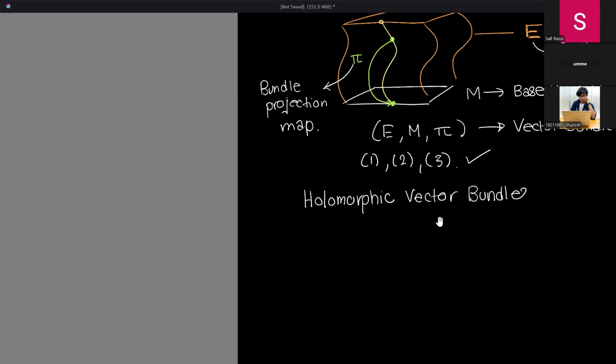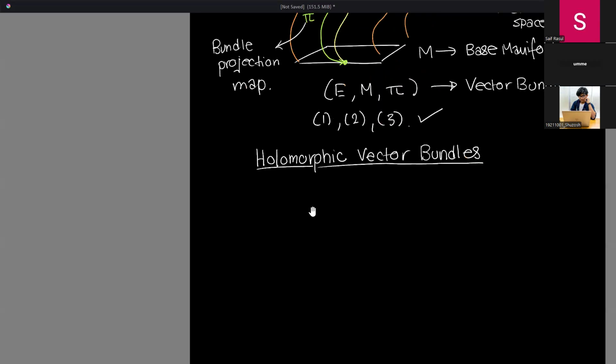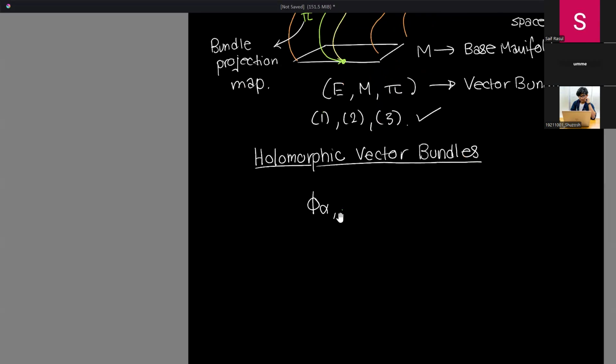Notice that everything that we did so far, the vector bundles were all smooth. So now, we're essentially requiring that phi alpha p of z, the map or function phi alpha p, is a holomorphic map.